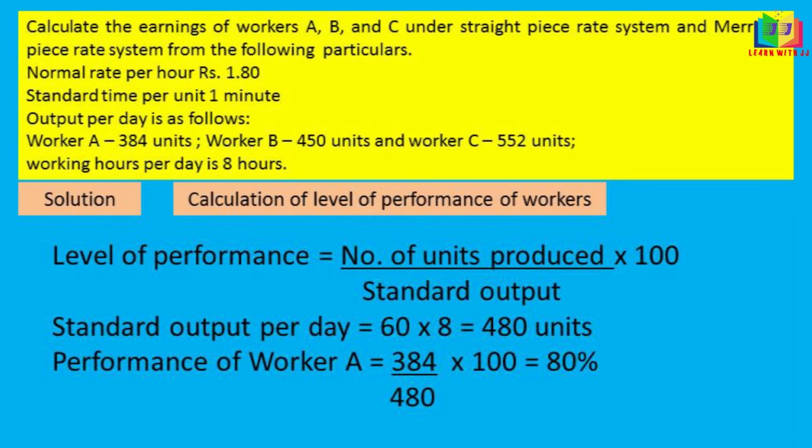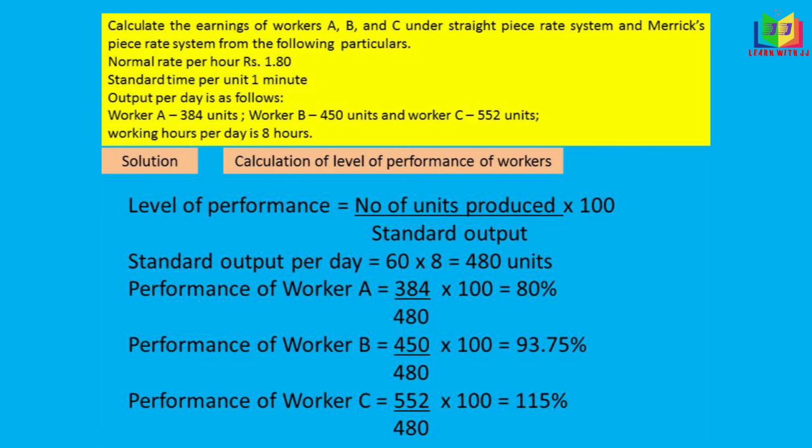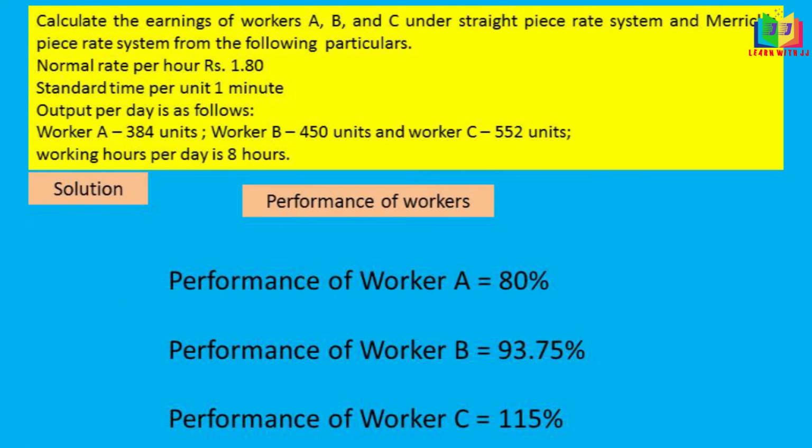For worker A, 384 units divided by the standard output 480, into 100, gives 80%. For worker B, 450 divided by 480 gives 93.75%. And for worker C, 552 divided by 480 gives 115%. So the performance of A is 80%, B is 93.75% and C is 115%.